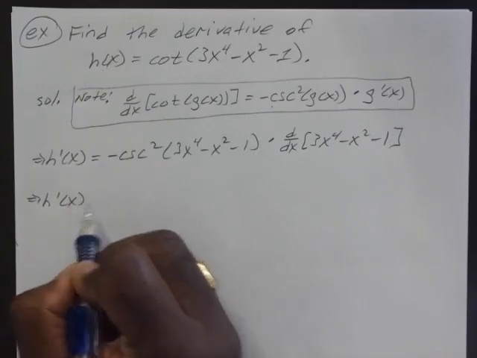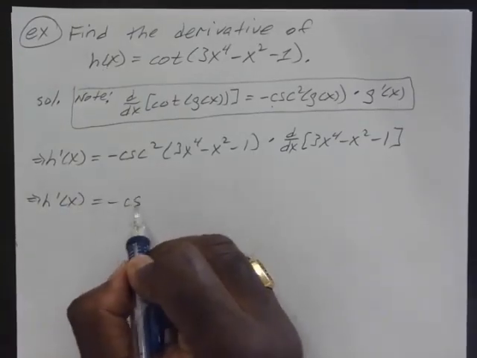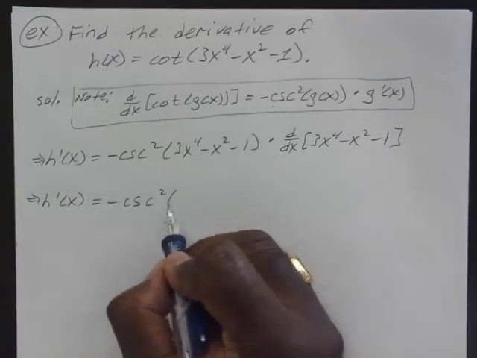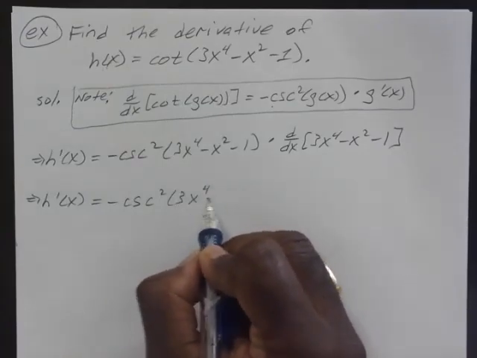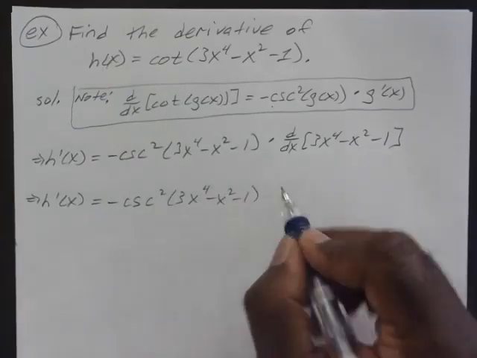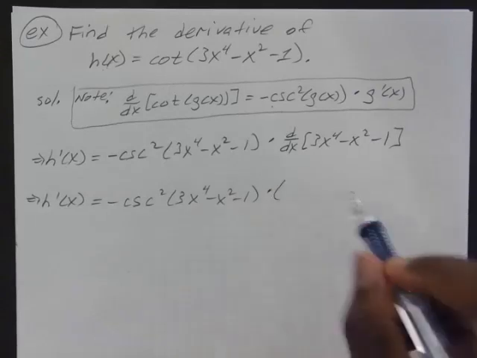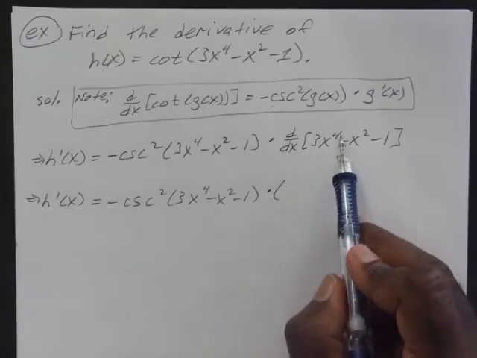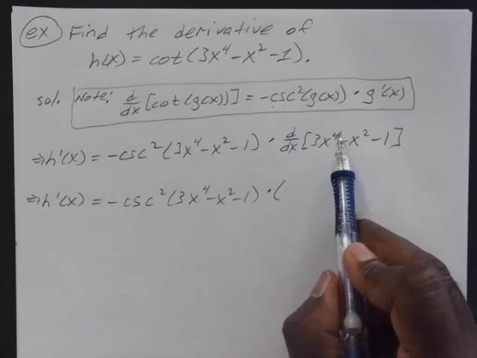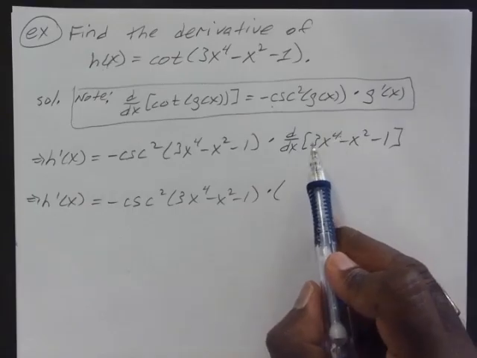So our h prime of x is going to equal negative cosecant squared 3x to the fourth minus x squared minus 1 times the derivative of 3x to the fourth power. Using the power rule, we're going to bring down the 4.